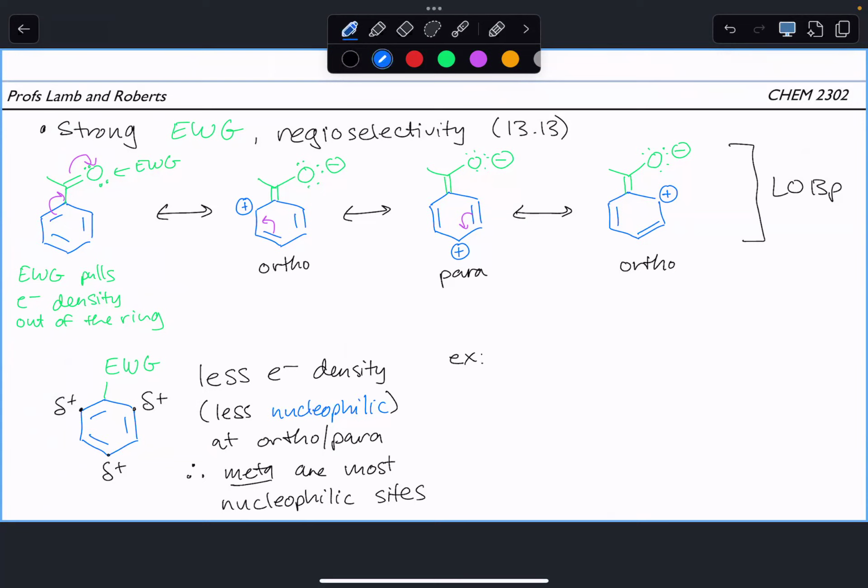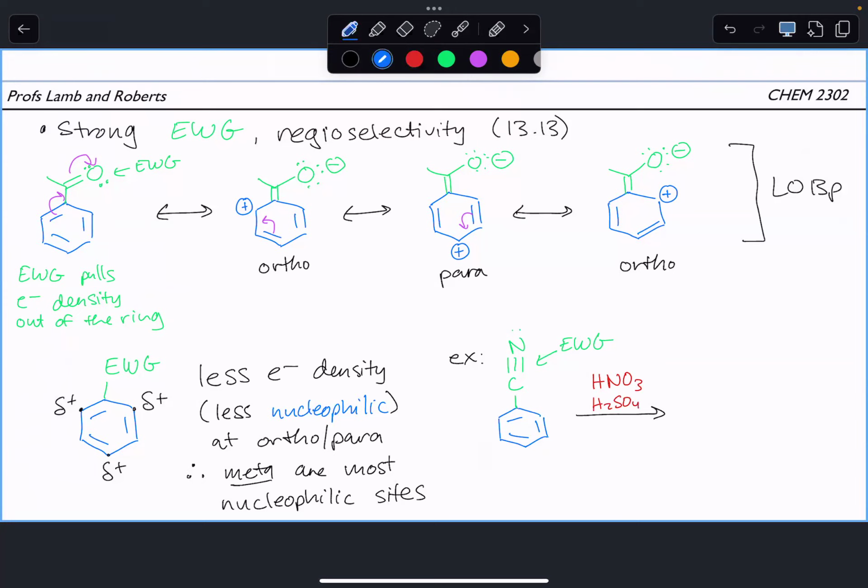So an example of this, again, I will use a different electron withdrawing group just to give you an idea that it does not need to look one certain way. This works in a very similar way. So this is an electron withdrawing group. Now I can do an electrophilic aromatic substitution. Let's try nitration this time. Why not?